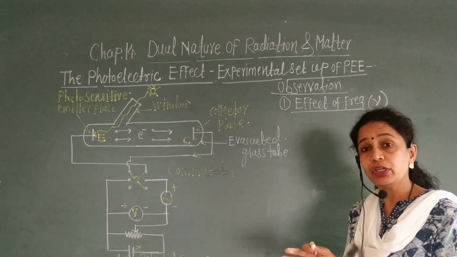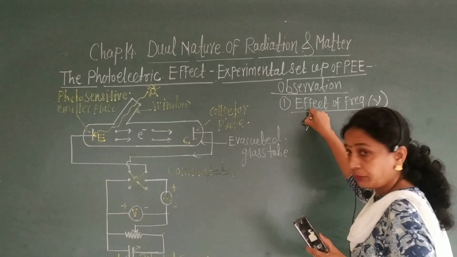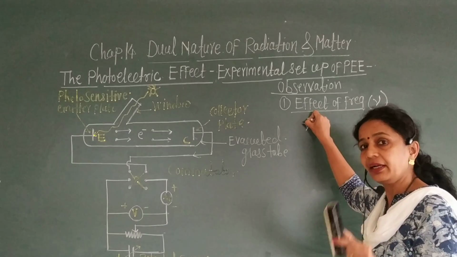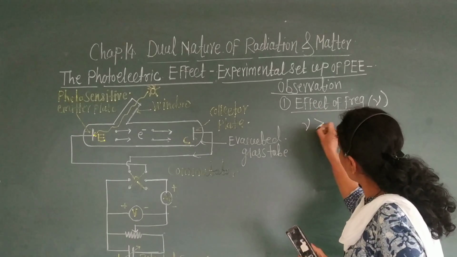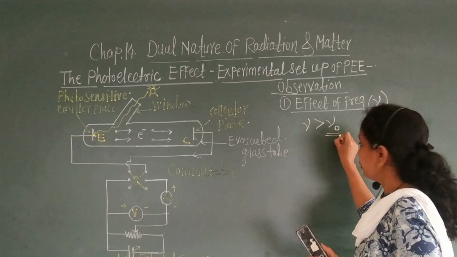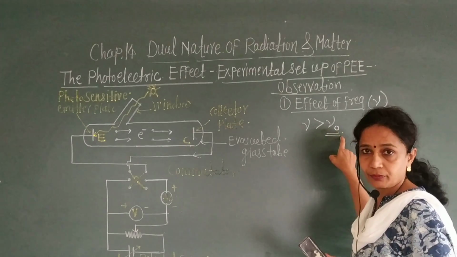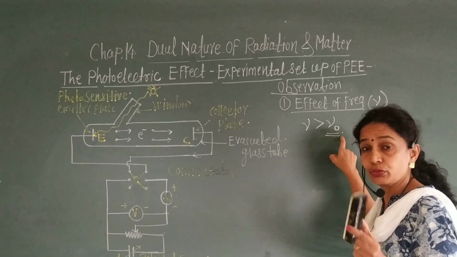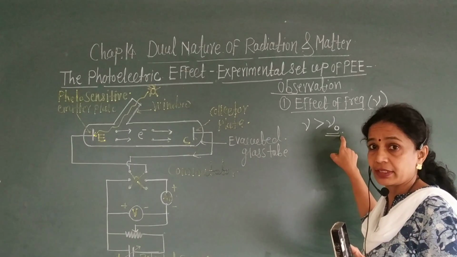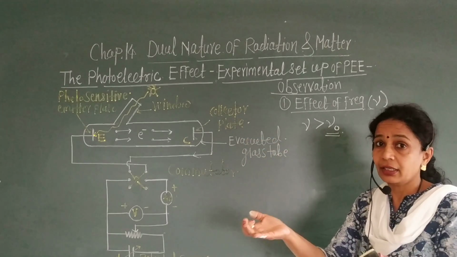But the photoelectrons are emitted only when the frequency of incident radiation is greater than the threshold frequency, denoted as nu zero. Nu zero is the threshold frequency. At a particular frequency, the photoelectrons are emitted.